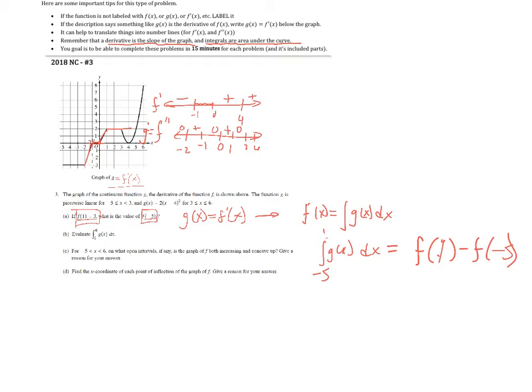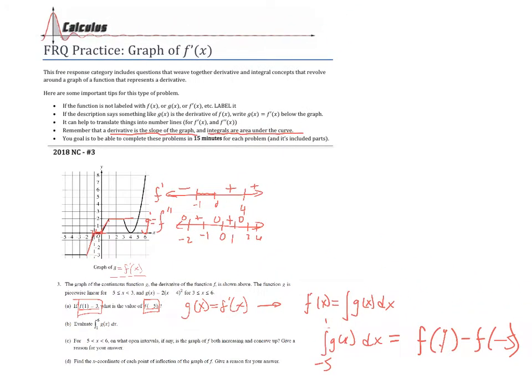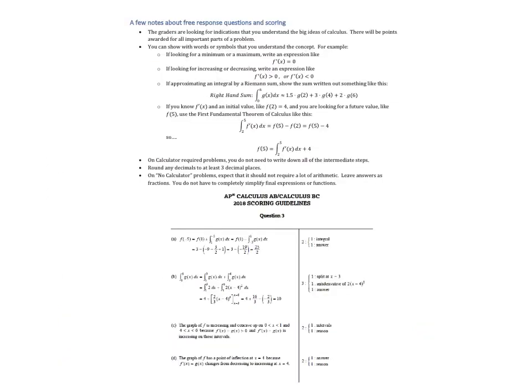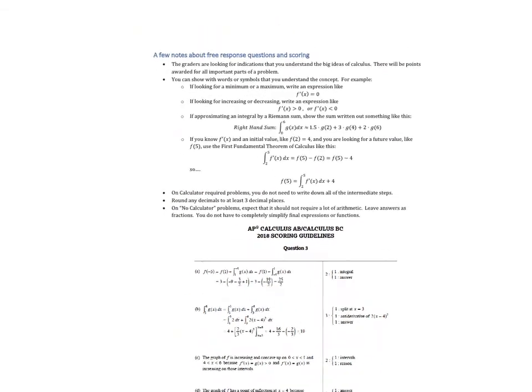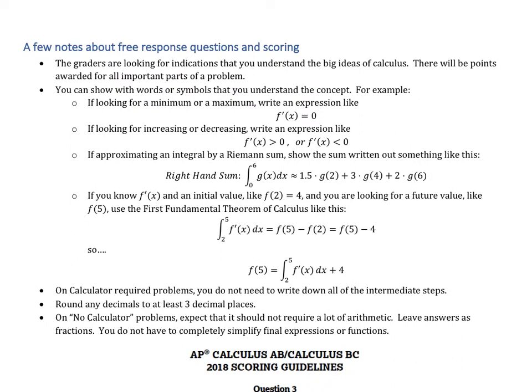All right, so one more quick thing here about how we write these up. There are some strategies specifically for f prime. Now let's look at a couple quick strategies for how you write these, and just getting points on the AP test. So when answering a free response question on the AP test, remember that the graders are looking for some indication that you understand the big ideas of calculus.